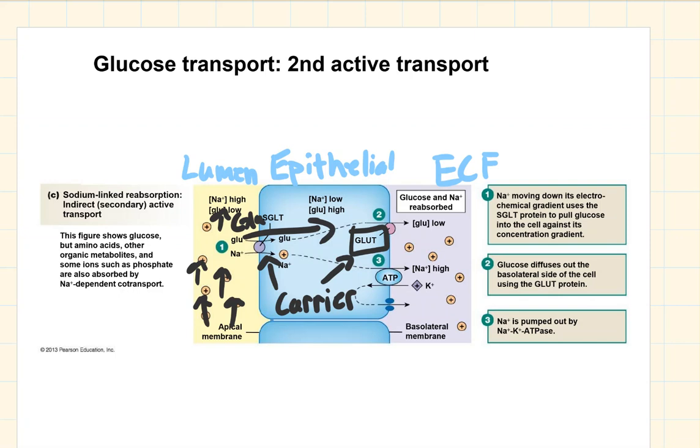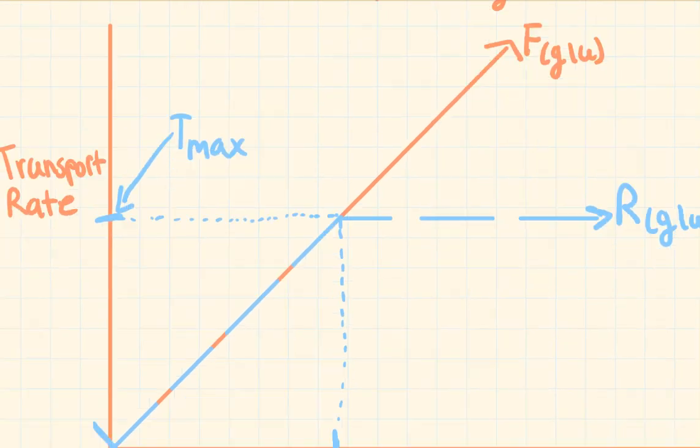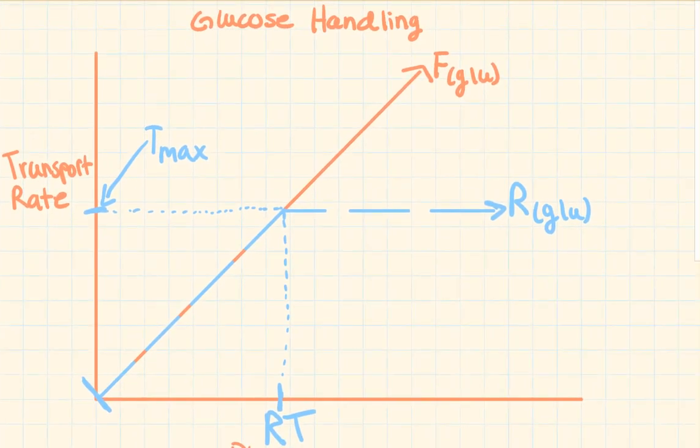So because glucose reabsorption is dependent on carriers, glucose reabsorption can reach a transport maximum. That is what is happening on this graph. Here on the plateau, our reabsorption rate of glucose has reached transport maximum because those glucose carriers have been saturated. So that is what is happening.